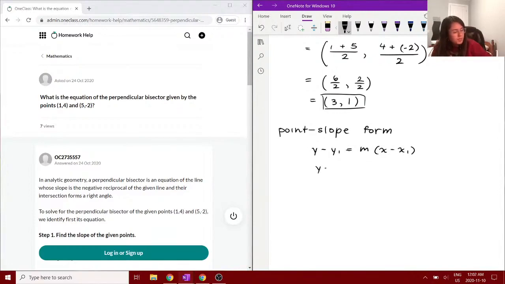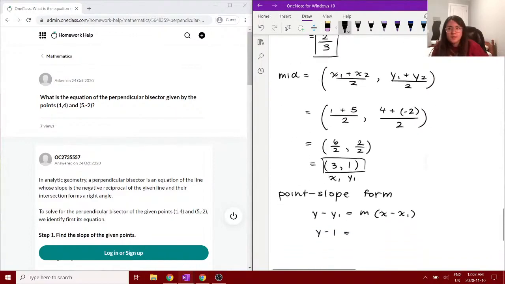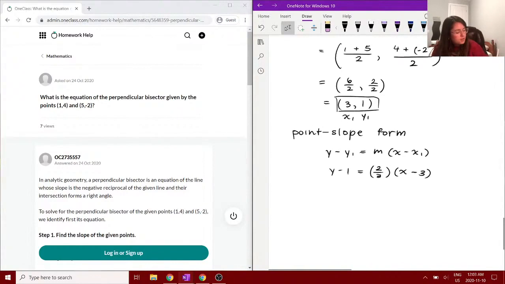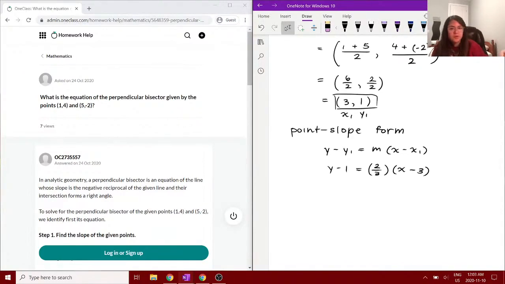So we sub in y1, which is 1, and m found above, which is 2 over 3, times x minus x1, which we found to be 3. And there we go.